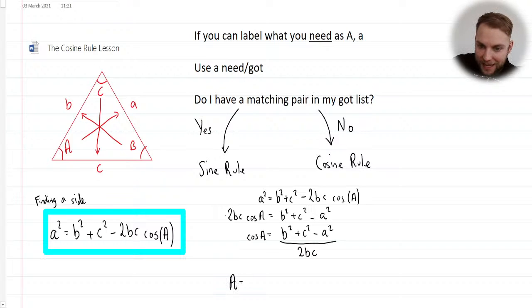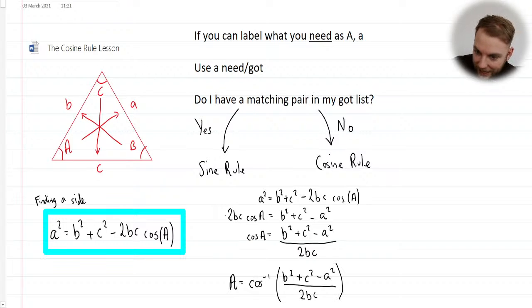So A is equal to cos to the minus 1 of b squared plus c squared minus a squared all over 2bc.